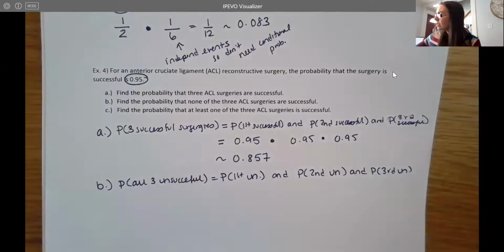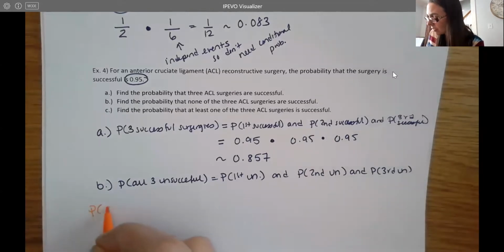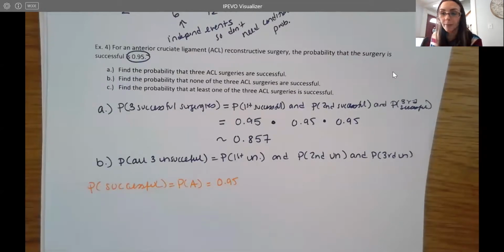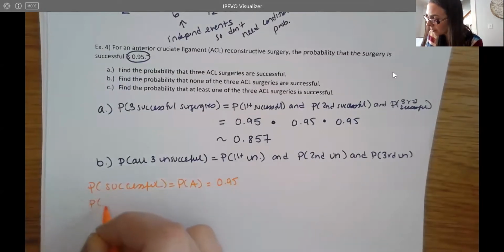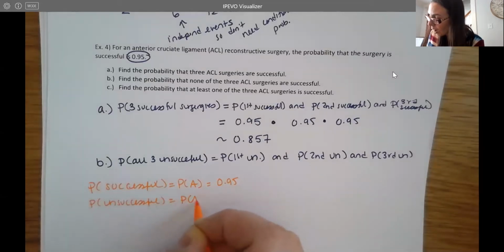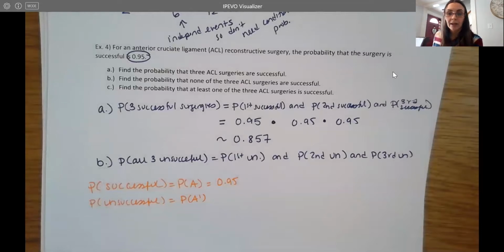Now, they didn't give us the probability for something being unsuccessful, but we actually know it. The probability that something is successful, let's call that event A, is 0.95. Think about complements here. The probability that something is not successful or unsuccessful is the probability of the complement of A, right? It's the opposite. It's either successful or it's not.